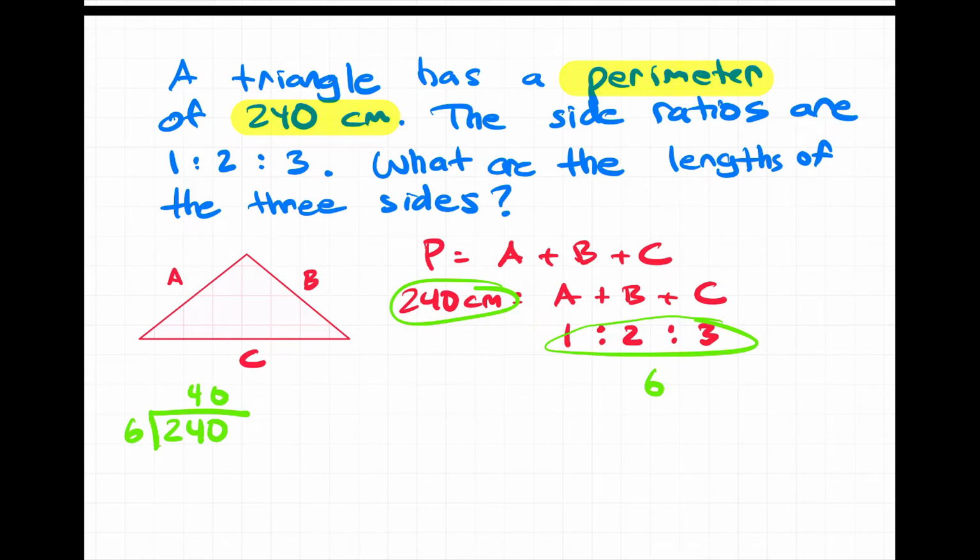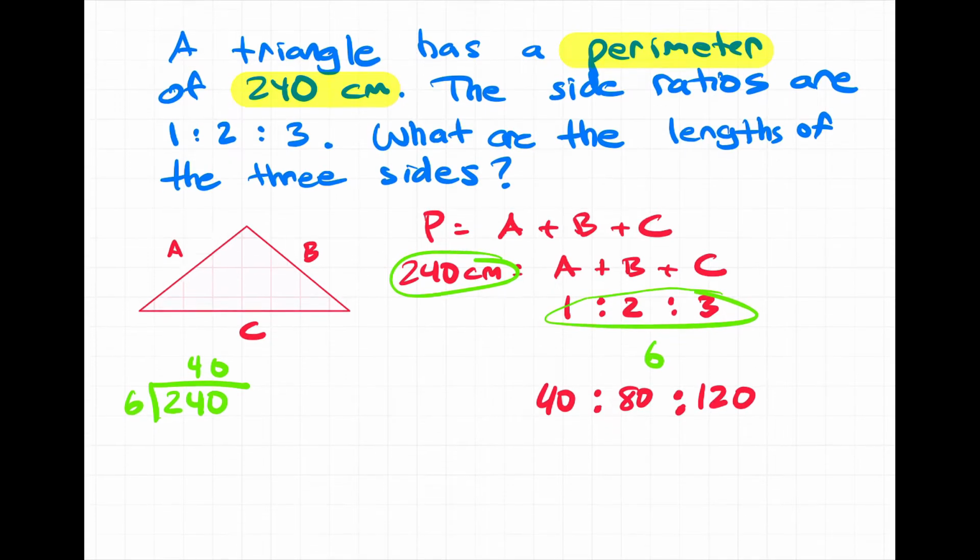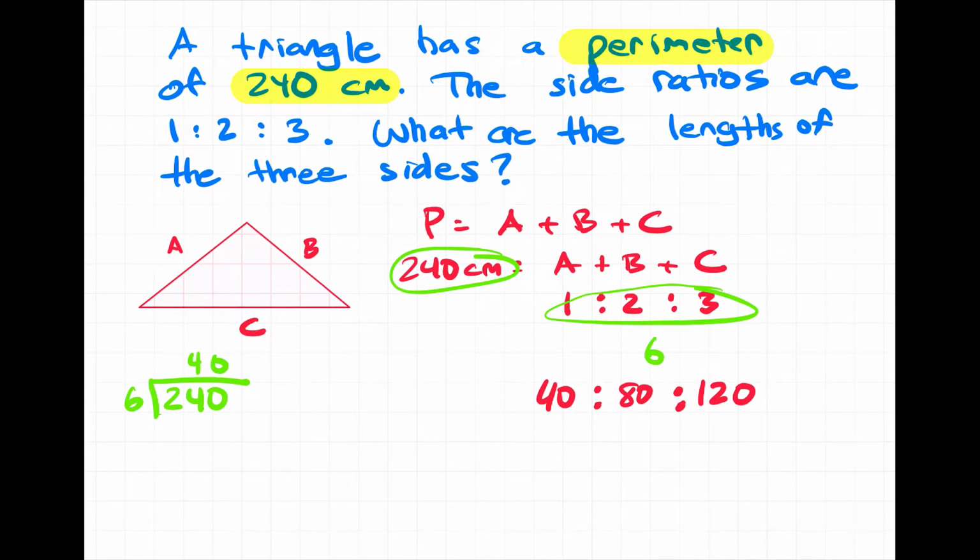So what are we going to do with that number 40? We're going to multiply each one of those values in the original ratio by 40. So 1 times 40 is 40, 2 times 40 is 80, and 3 times 40 is 120. Now this is a word problem, and what is it that we're trying to actually calculate?